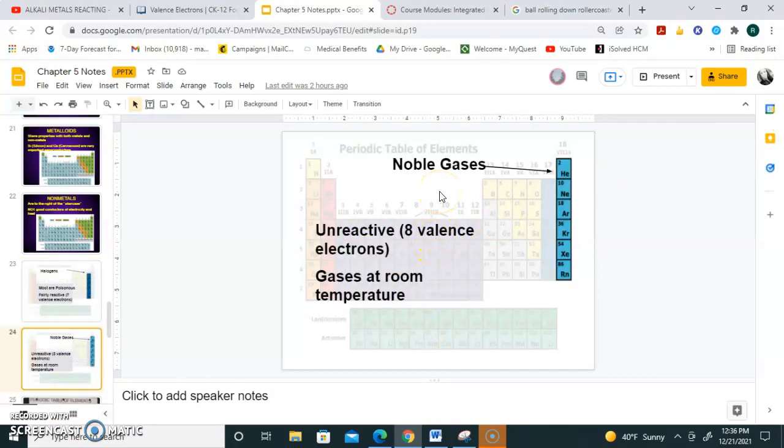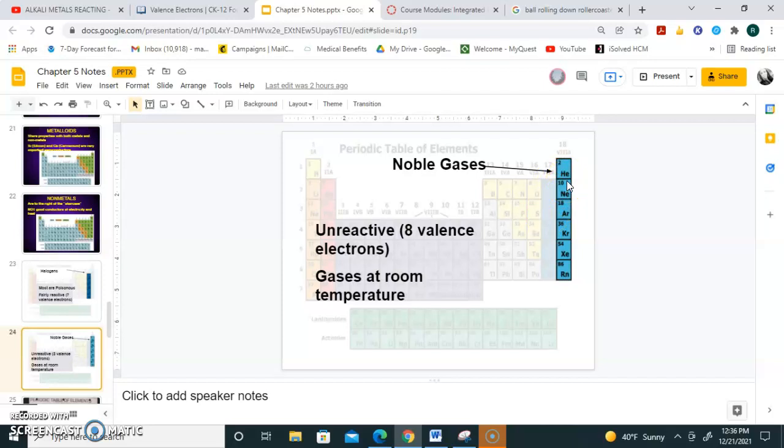All right, noble gases, our final group right here to the very right of the periodic table. If you draw their Bohr model, you will see that other than helium, they all have 8 valence electrons. Because they have completed their octet, they're happy with those 8 valence electrons. They don't want to interact.